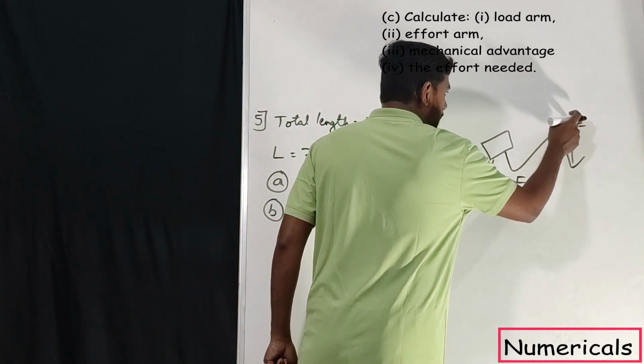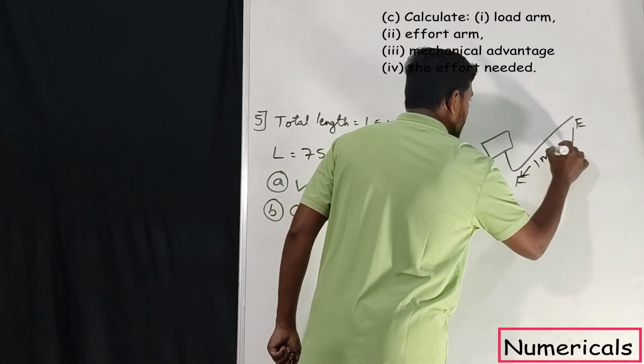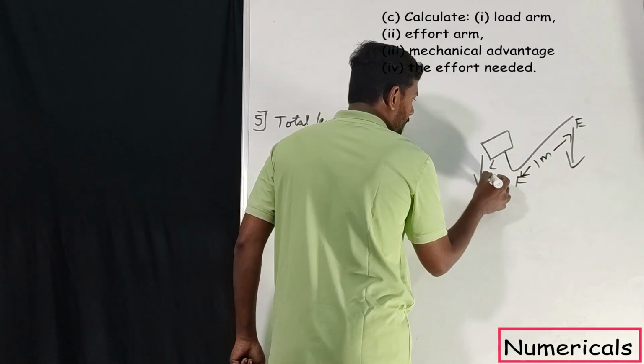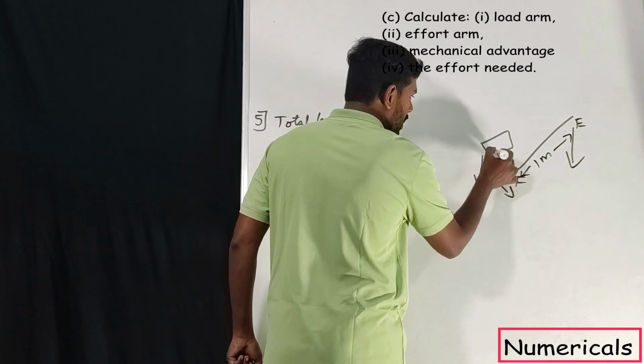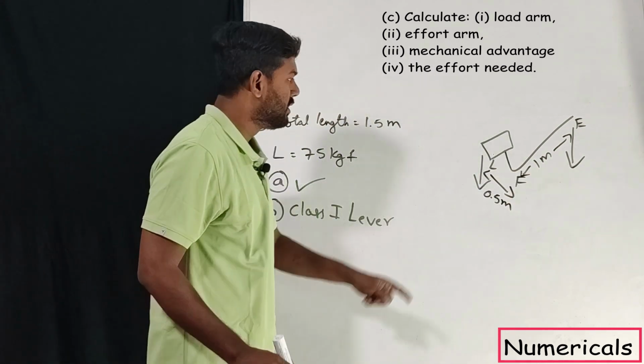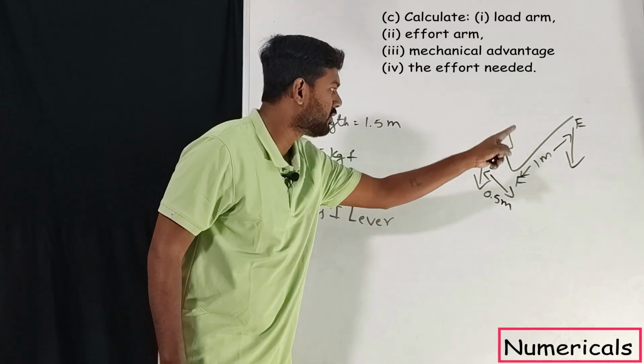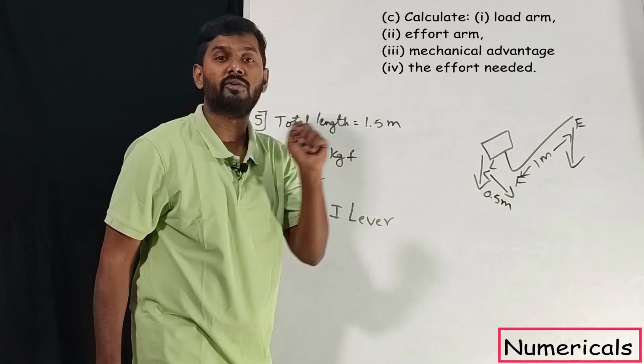So from the hand it is 1 meter. That means this distance is 1 meter and from the load to the effort end will be 0.5 meter. From the load to the fulcrum it is the load arm, from the effort to the fulcrum it is the effort arm.